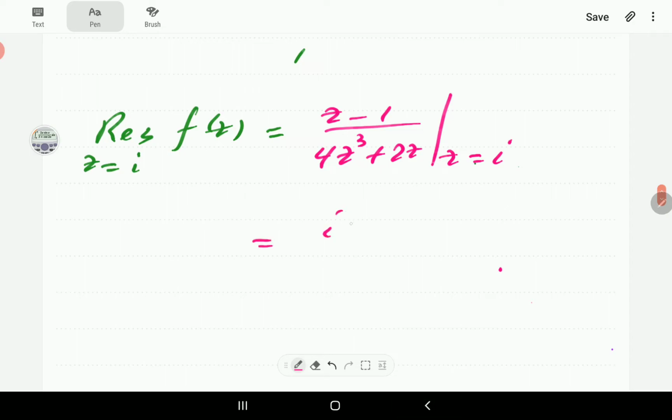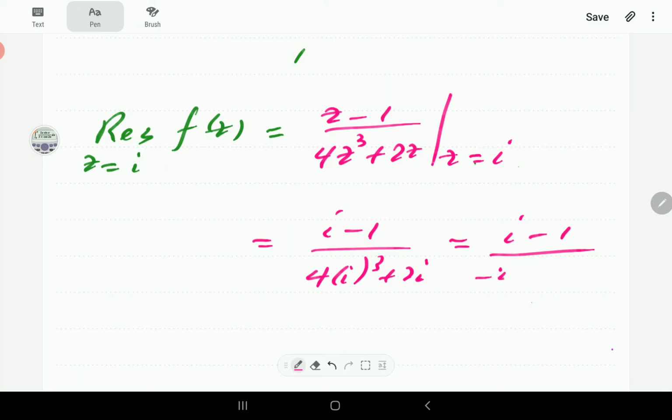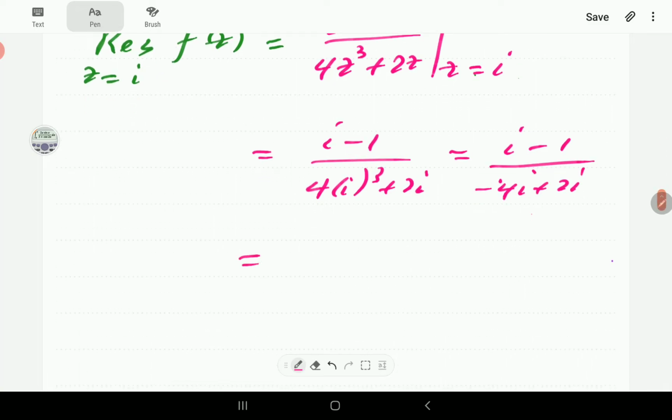So this is going to be i minus 1 over 4i cubed plus 2i. i cubed is negative i, so it's negative 4i plus 2i. So this is i minus 1 all over negative 2i.